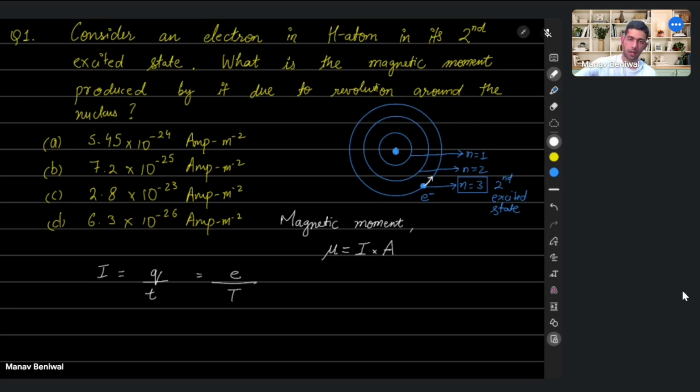Okay, and if it is moving with velocity v, then we can write current as e v over 2 pi r, where r is the radius. So this distance is r. Correct. So this is the current. What will be the area? Area is nothing but pi r squared.